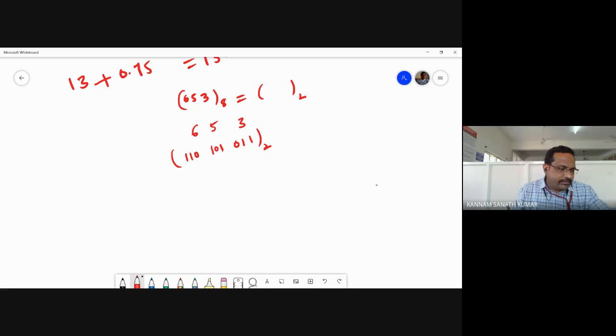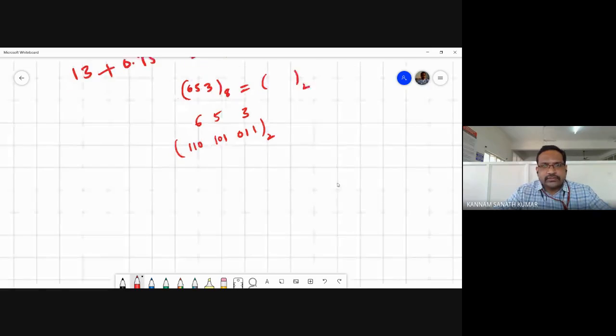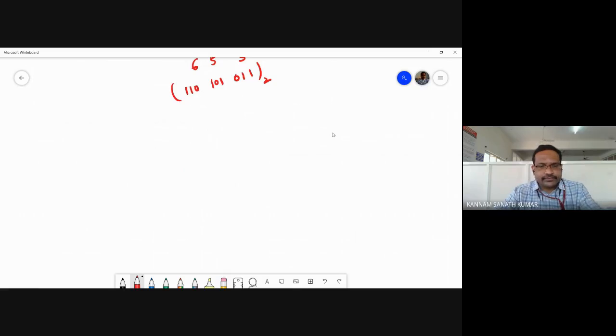Okay, suppose hexadecimal to binary conversion. Suppose consider 4FD7 to the base 16. You need to convert it into binary. Okay.